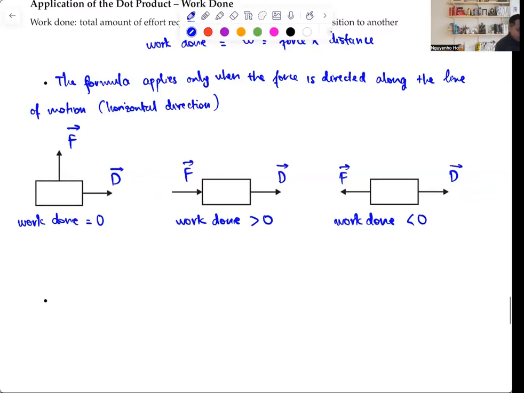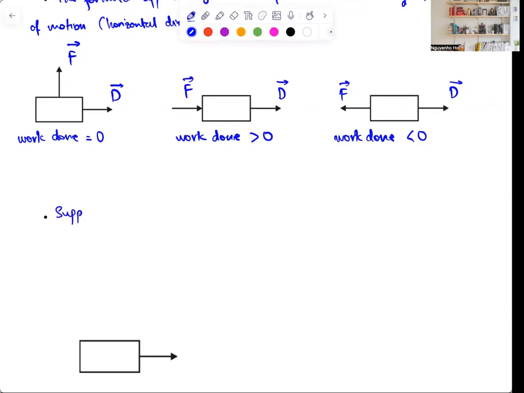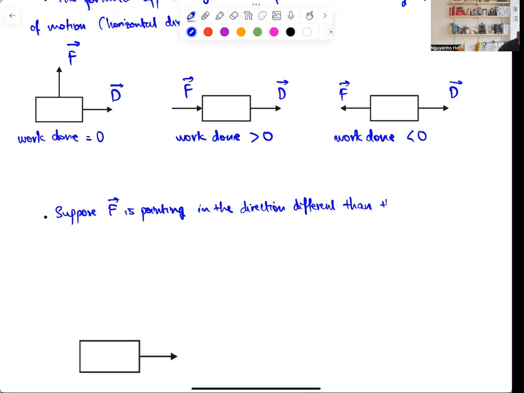Now, suppose F is pointing in a direction different than the line of motion, or horizontal direction.